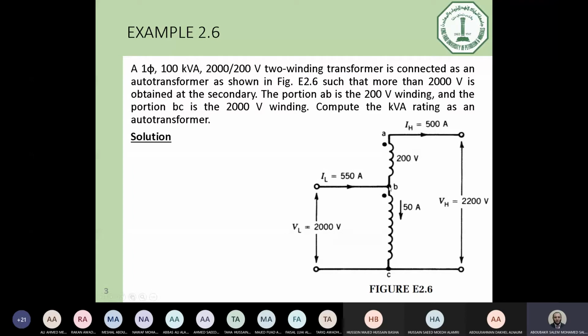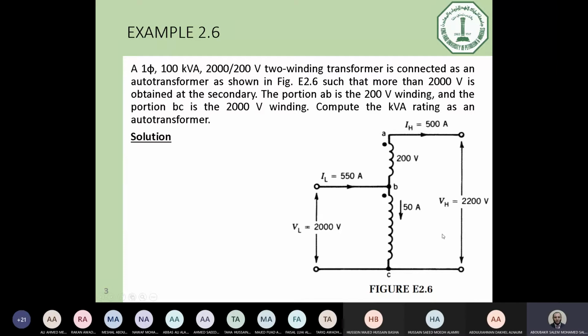Now the two coils are connected like that. The low voltage is connected on the top of the high voltage one. For that, we have now 2000 volt input and 2200 volt output. So this is now the low voltage side and this is the high voltage side.